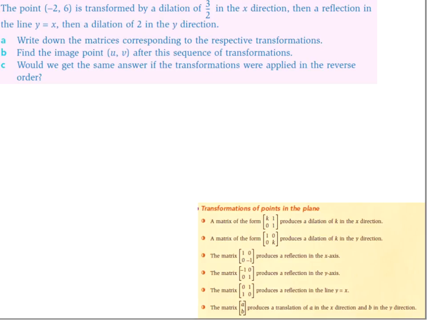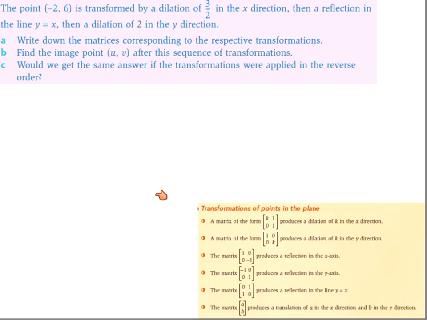The other question was, would we get the same answer if the transformations appeared in reverse order? Okay, so that's actually good practice. So what you do, you take the point and first you dilate it by a factor of 2 in y direction, then you reflect it in the line y equals x, and then you dilate it by a factor of 3/2 in x direction.